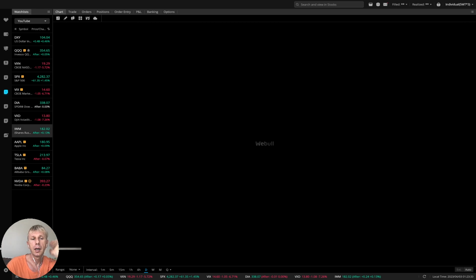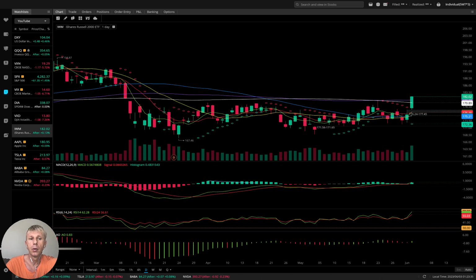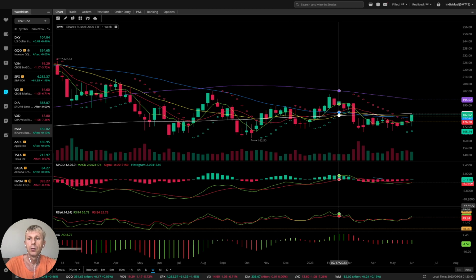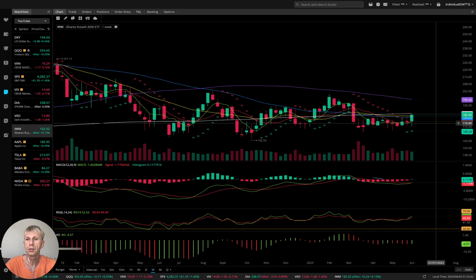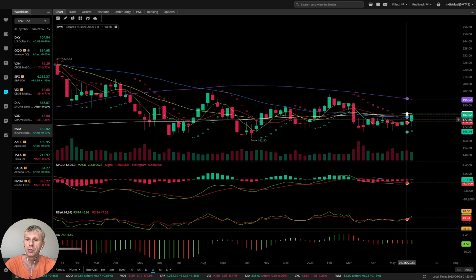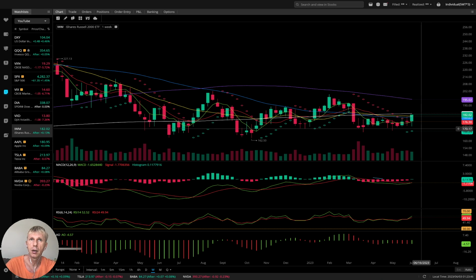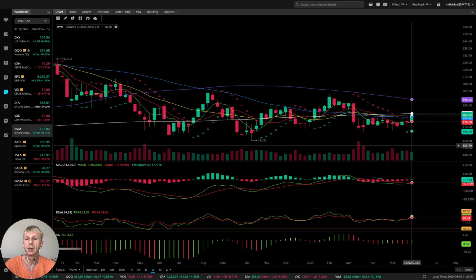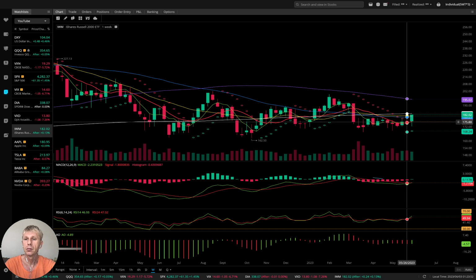Let's move to IWM, Russell 2000. Let's start weekly time frame. Weekly time frame for Russell 2000. Kind of similar to Dow Jones, because Dow Jones and Russell 2000 were the weakest indexes. And before last week, it was very negative and below all moving averages.